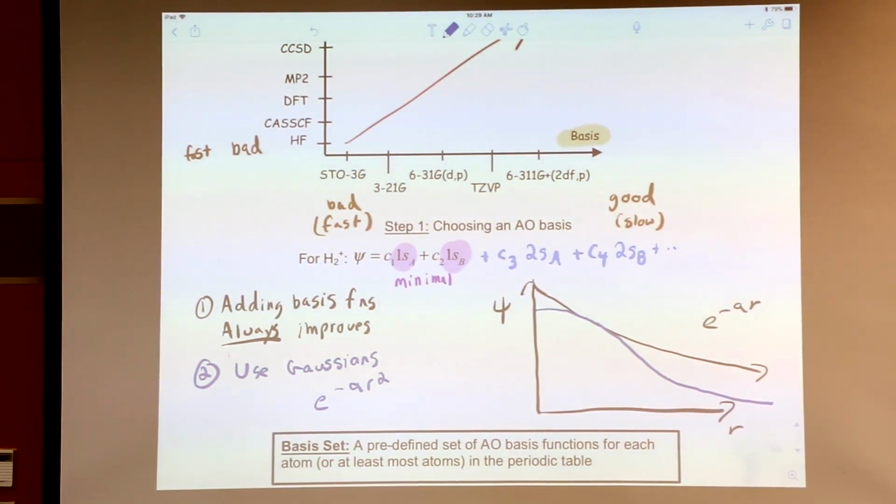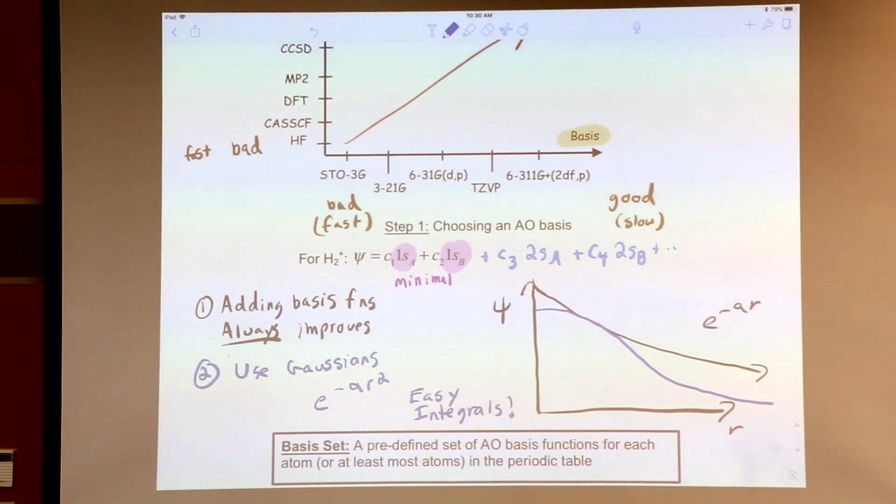It would be similar to the actual 1s function, but particularly near the origin where it doesn't have a cusp, and in the tails where e to the minus alpha r squared decays very quickly, they don't look that similar. The whole reason to do this is not that we have some physical reason to think that Gaussians describe atoms better than hydrogenic functions. They don't. It's just that we can do the integrals. So there are easy integrals here.